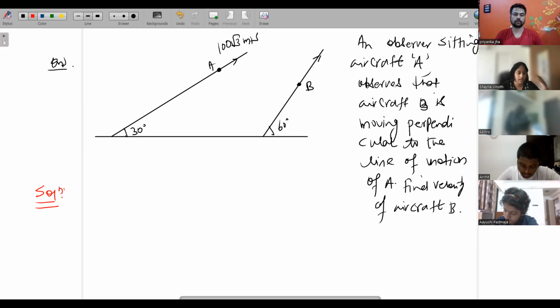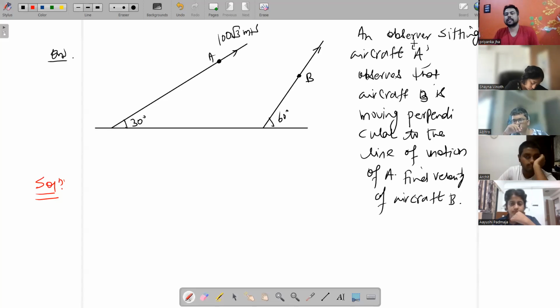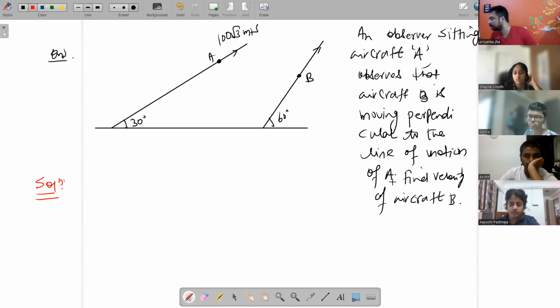Here, sir, since A is the observer, do you take its speed as 0 and then calculate? Yes. Because A is observing, bring A at rest. See, let me solve now. This says that an observer sitting in aircraft A observes that aircraft B is moving perpendicular to the line of motion of A, right?